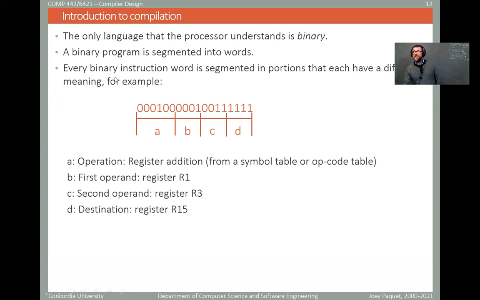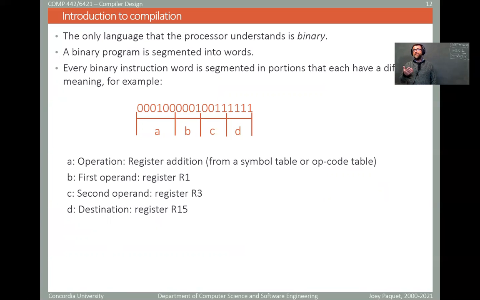So this series of zeros and ones is a word which has a certain meaning, and these are the very essential low-level words, or commands, that a computer will understand. Of course, you could write your own program in binary. That's what used to be done in the very early days of computers.